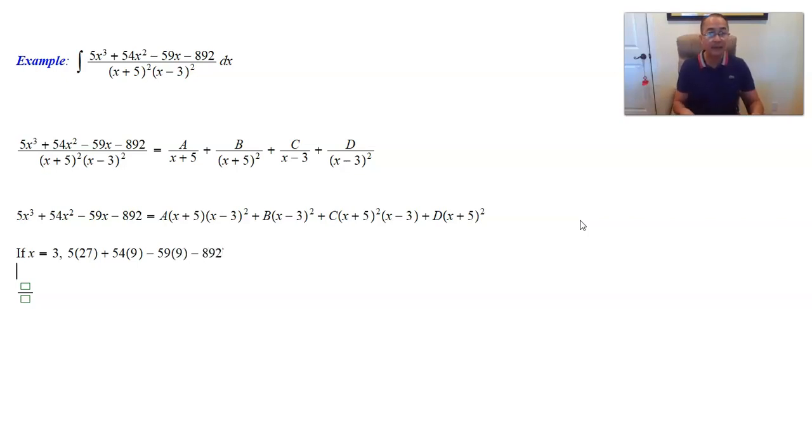Oh my. And we get, how much is that? Negative 802. Okay. But what's going to happen on the left side? That's what we get. And on the right, we are going to get.